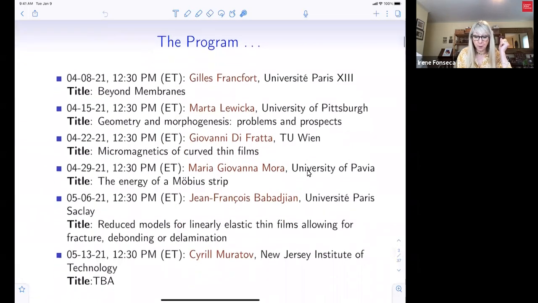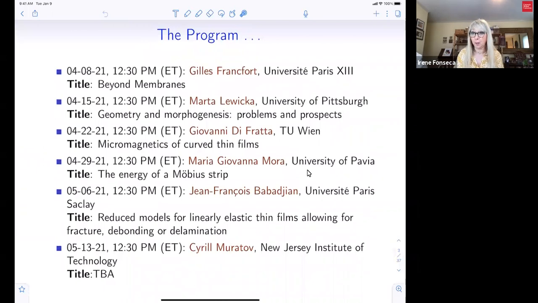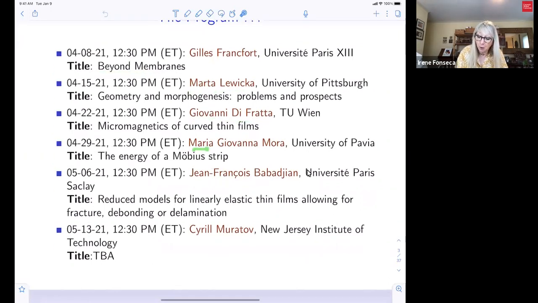So here is the program, which has been announced by the ONEPAS organizers, but just to remind you: next time around it will be Gilles, who's going to take what I'm going to talk about on membranes to other regimes. His title is Beyond Membranes. Then Marta Lewicka will talk about geometry and morphogenesis, problems and prospects, followed by Giovanni Di Fratta, micromagnetics of curved thin films, and Maria Giovanna Mora, who will talk about the energy of Möbius strips.